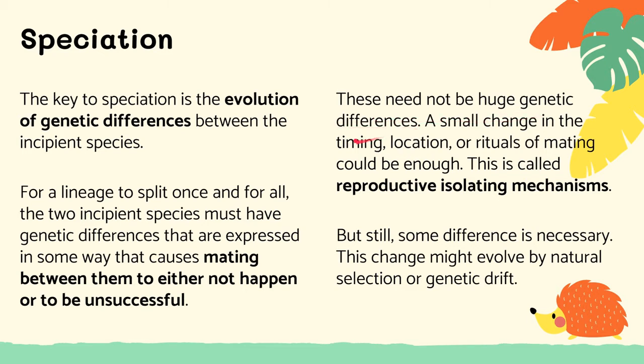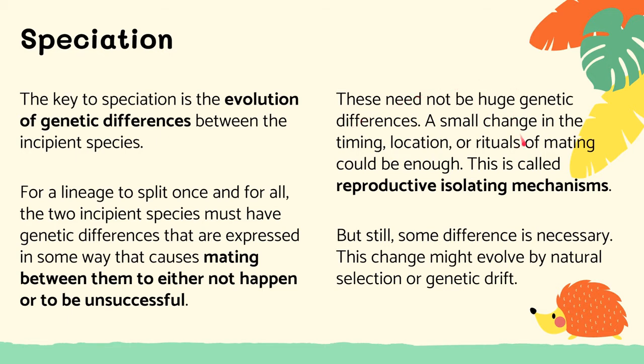Even a small change in timing, for example, if one group mates in the morning and the other group only mates in the afternoon, that difference in timing is enough to eventually lead to evolution and speciation. Location: if one type of bird prefers to mate on the top branches of a tree, while the other one prefers near the ground, that difference is enough to lead them to diverge from each other.